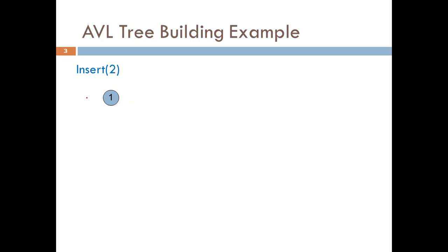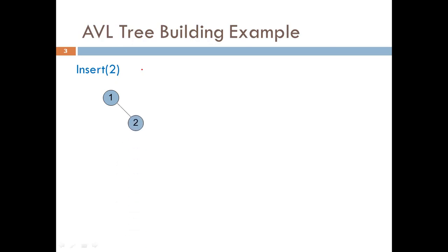Okay, insert 2. We will compare the value 2 with the root node. 2 is greater than the root node, so it will be added to the right side of this node 1.